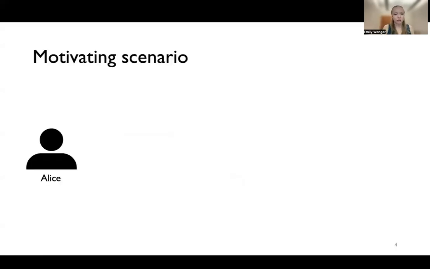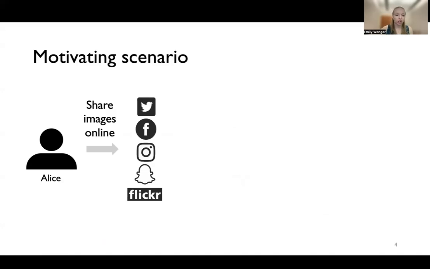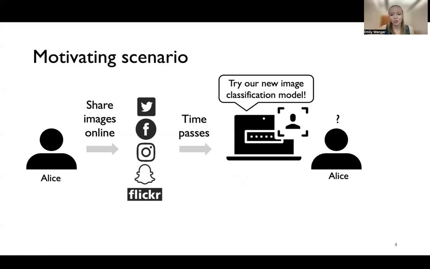So let's dive into a motivating scenario behind data isotopes to understand how and why it works. We have this person, Alice, and Alice has shared some images online to different social media sites. And after a couple of years or even weeks or months pass, Alice notices that one of the platforms that she shared data to has offered a new image classification model.